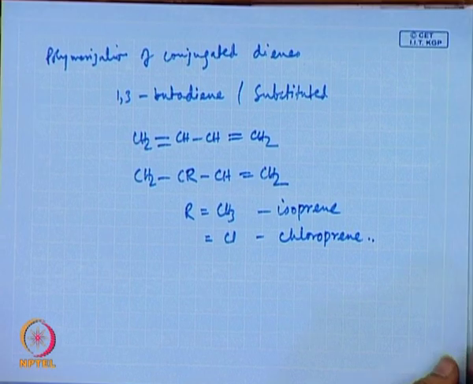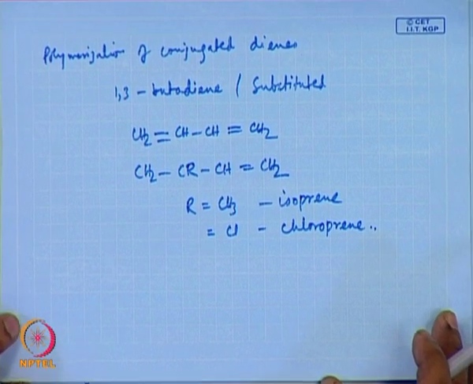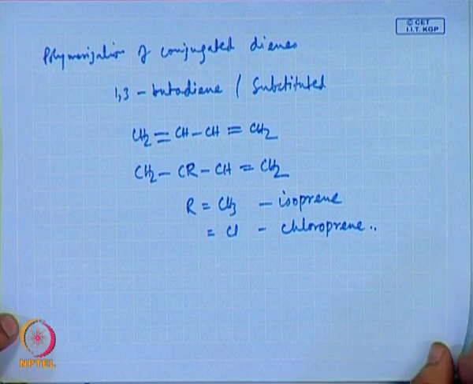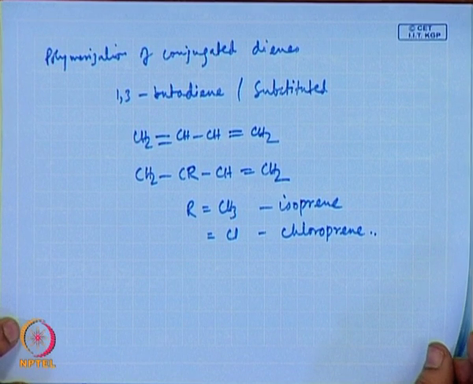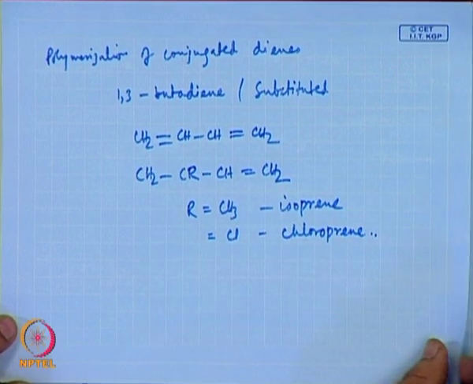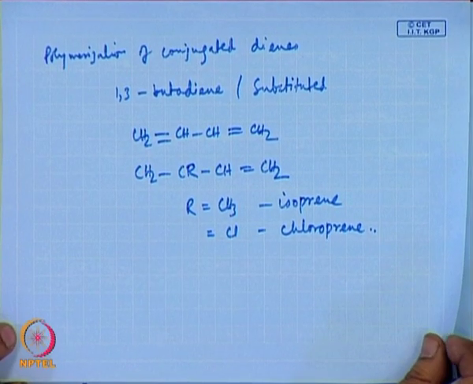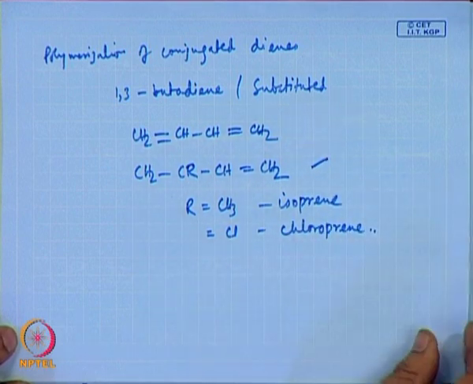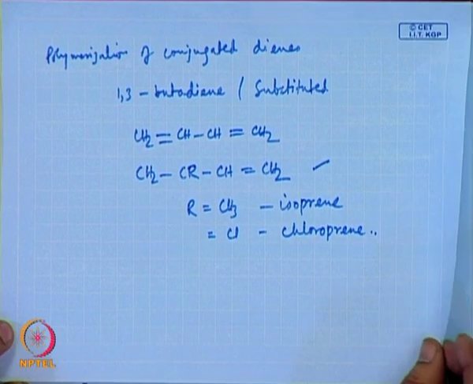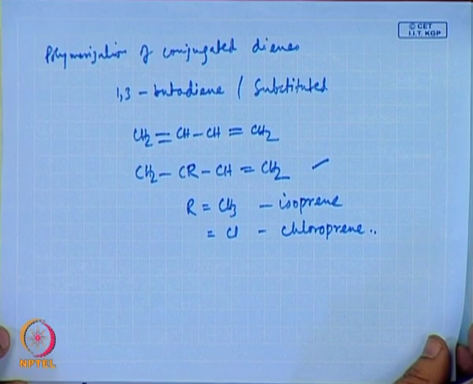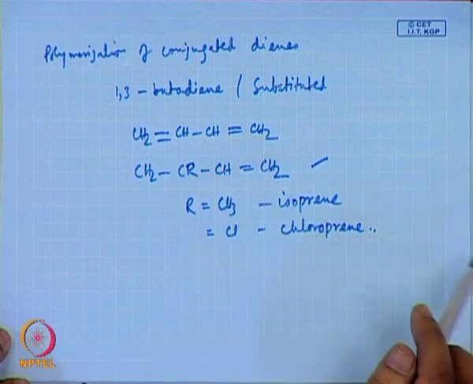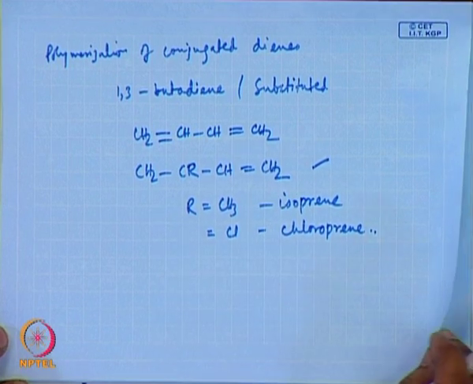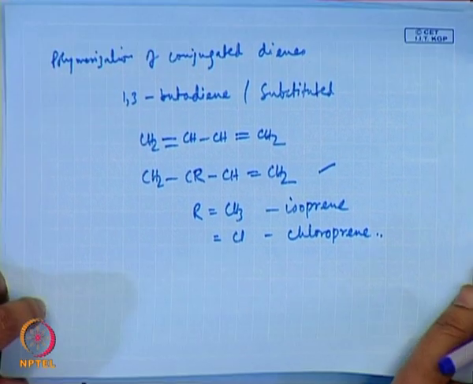Now, when you do a chain polymerization on these types of monomers, how can you imagine what possible polymers these monomers are forming? For example, let us take this general structure and see how we can think of different polymers getting produced from these general 1,3-butadiene type monomers.